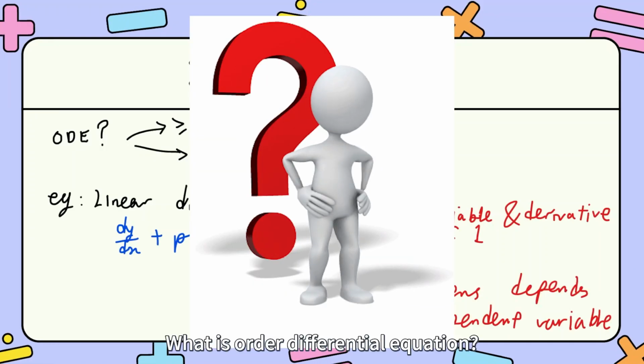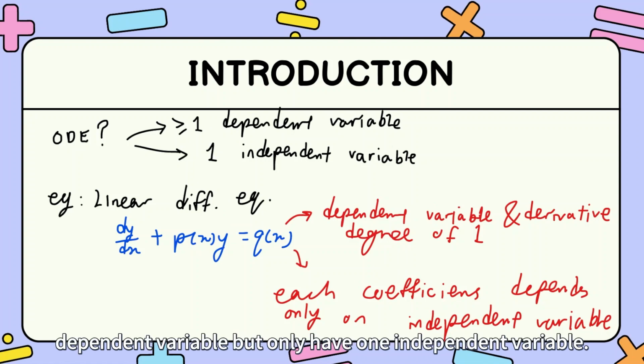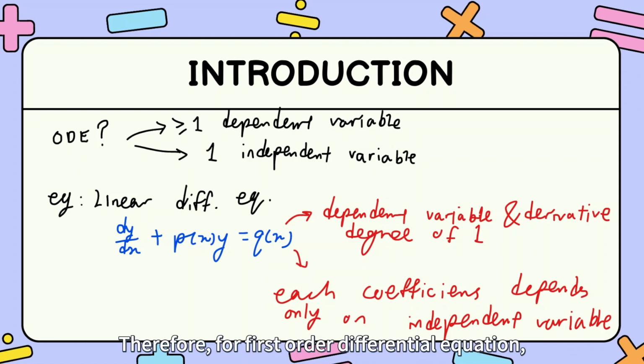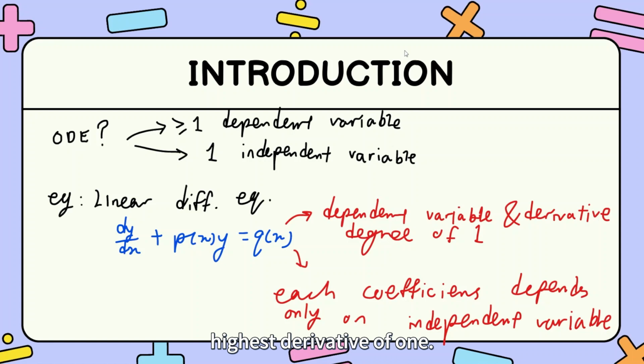What is an ordinary differential equation? An ordinary differential equation has one or more dependent variables, but only one independent variable. Therefore, a first order differential equation is one whose highest derivative is of order 1.